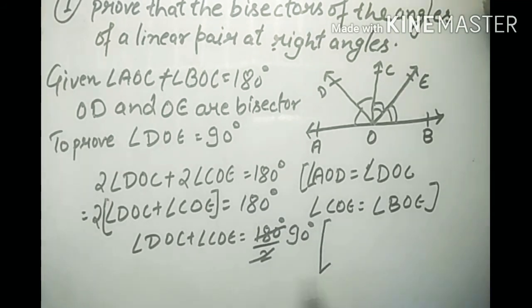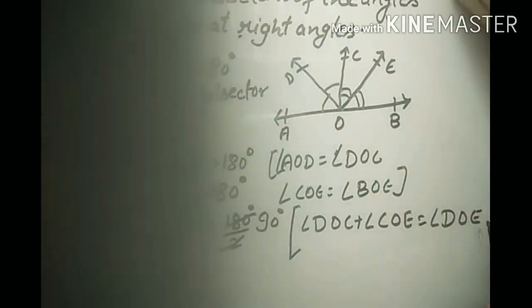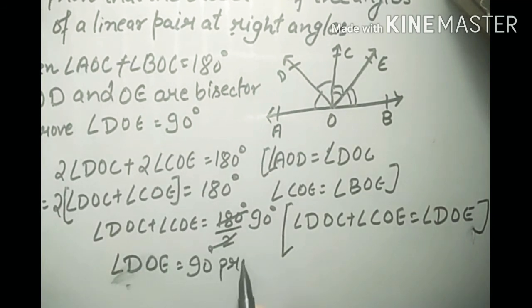So we can write angle DOC plus angle COE equals angle DOE. Okay, so we can write it here: angle DOE is equal to 90 degrees. Proved.